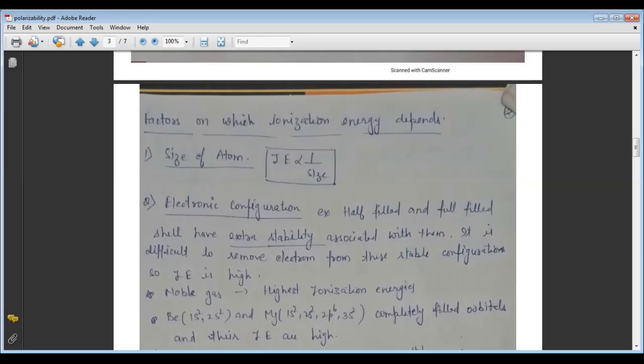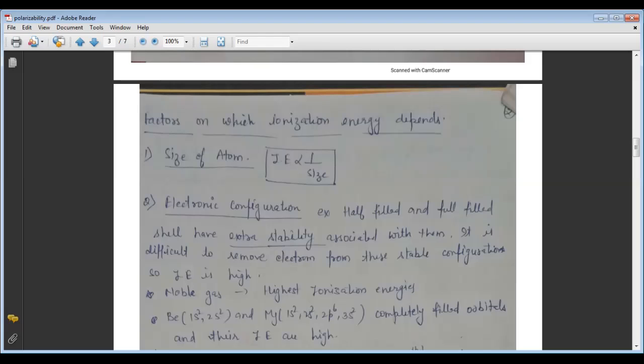Because the force of attraction is inversely proportional to the square of the distance between the charged particles, it becomes easier to remove the electron, and therefore ionization energy tends to decrease with the increase in the size of the atom. Clear?